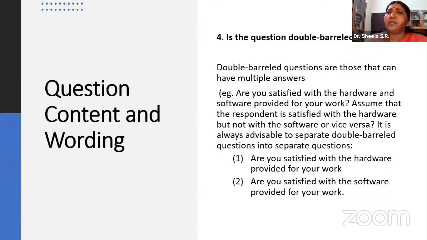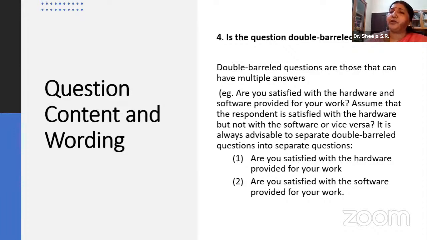Then, is the question a double-barreled question? Questions which can have multiple answers should be avoided. So this is very important. I have given an example. If you are asking, are you satisfied with the hardware and software provided for your work?